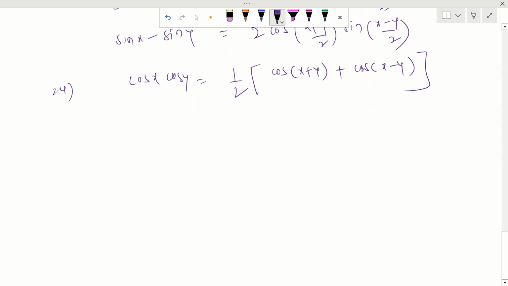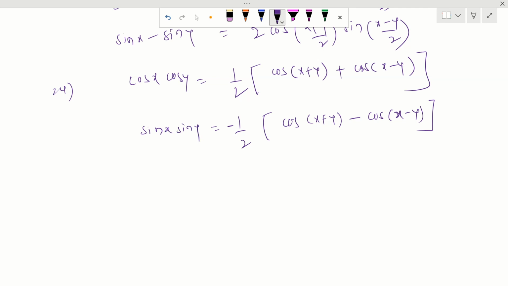Next, when we take the difference of cos of (x plus y) and cos of (x minus y), we get the term of sin x and sin y, with minus 1 by 2, so minus sin x sin y.